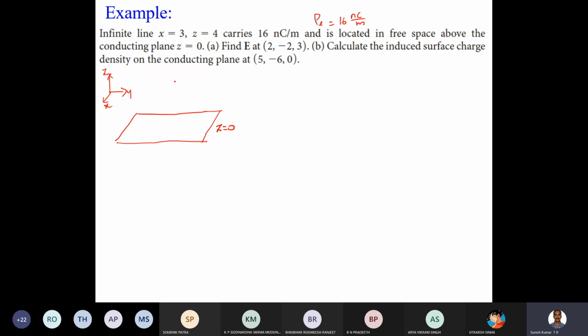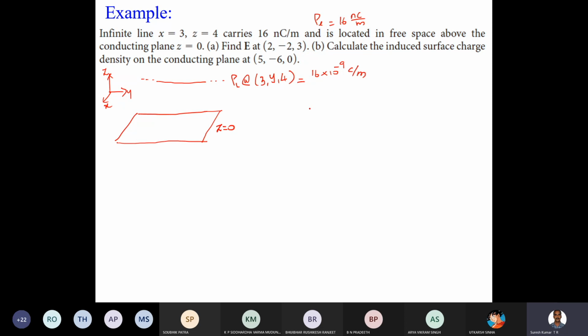It will be along the y-axis, right? Something like this. So the infinite line charge rho L is at 3 comma y comma 4. This is important: y is y because that is from minus infinity to plus infinity, right? And the value is 16 nanocoulomb per meter.